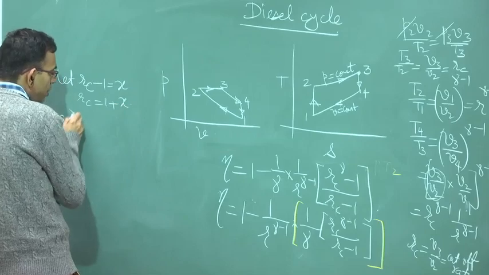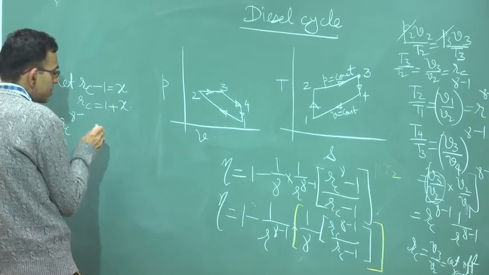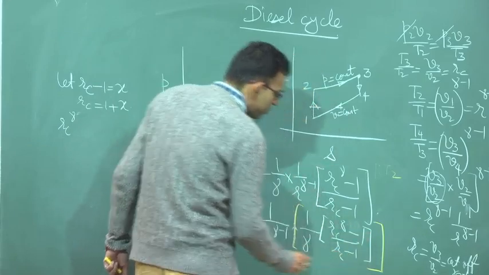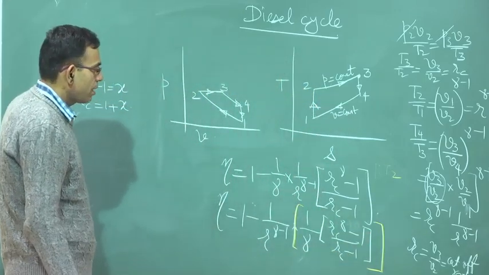So RC to the power gamma minus 1, not RC to the power gamma minus 1 in the exponent, this minus 1 is the full minus 1.